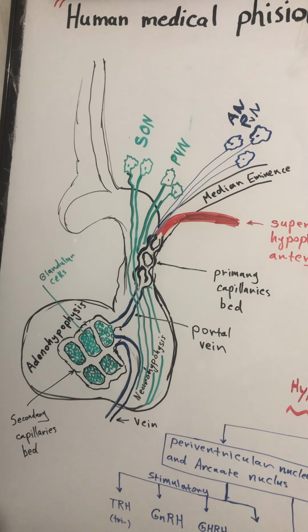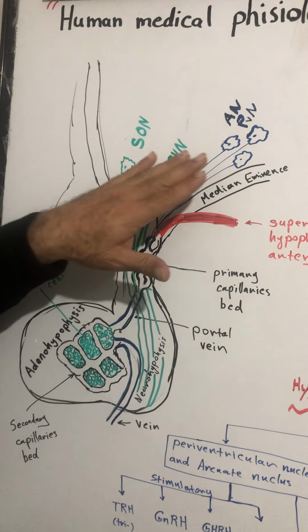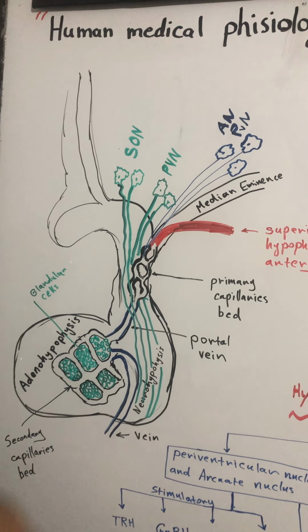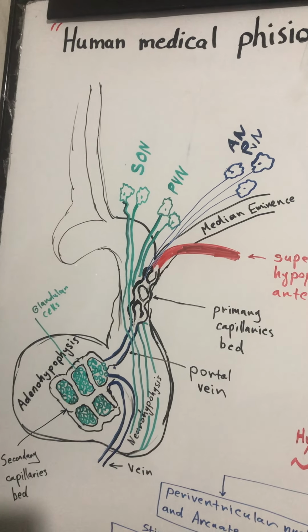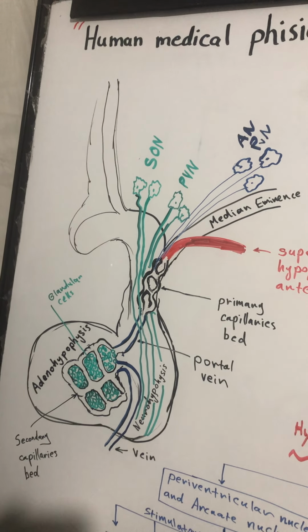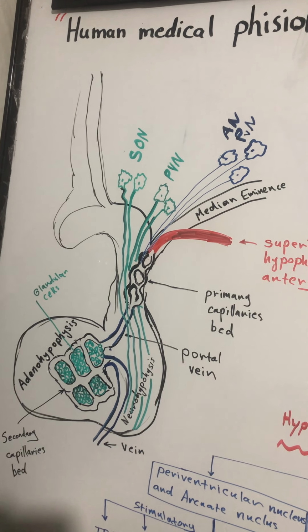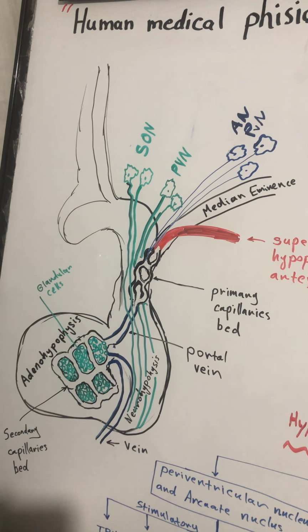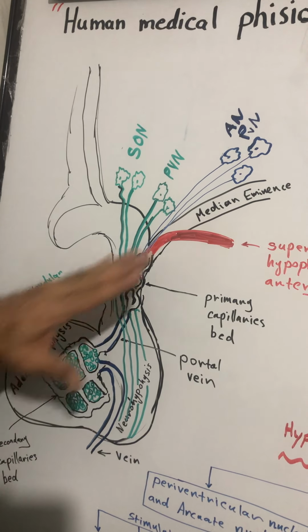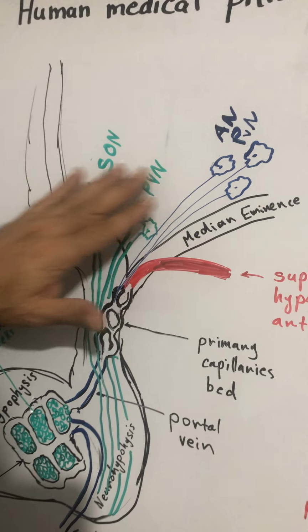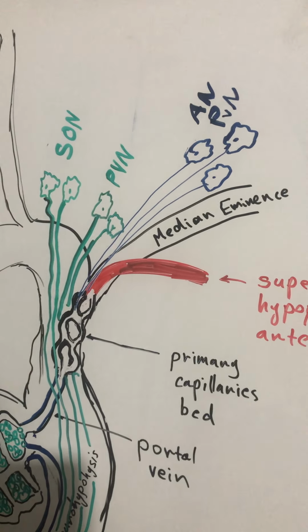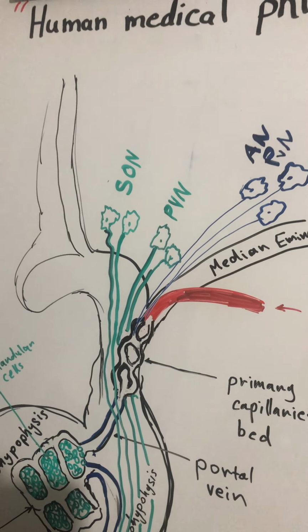Okay. Actually, the hypothalamus has two forms of neurons, both of which release hormones. And you remember from previous lectures that the hormones released by nervous cells are called neurohormones. So both types of hypothalamic neurons release hormones, or neurohormones.